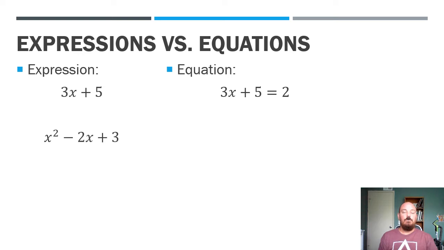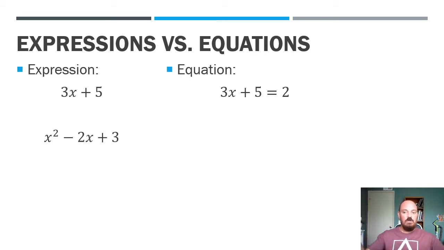Here's another example. An expression, x squared minus 2x plus 3. Again, in words, it's saying take some number x, square it, then take the same number, multiply it by 2 and subtract it, then add 3. That's like a big long math sentence. But it doesn't have an equal sign in it.